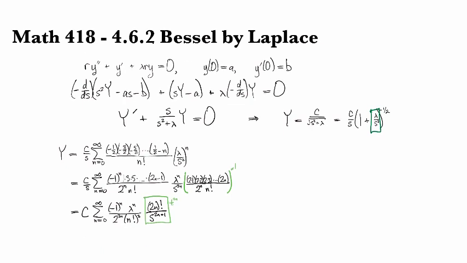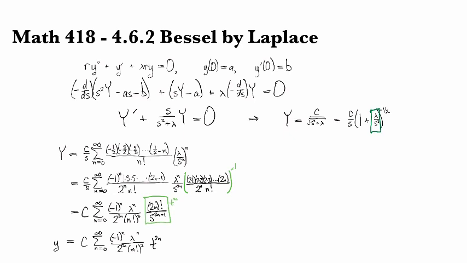So I can transform this back, assuming that term by term Laplace transformation is valid for this infinite series, which, gee golly gosh, it turns out to be. So we have this, then I have lambda to the n, 2 to the 2n, n factorial squared, t to the 2n.